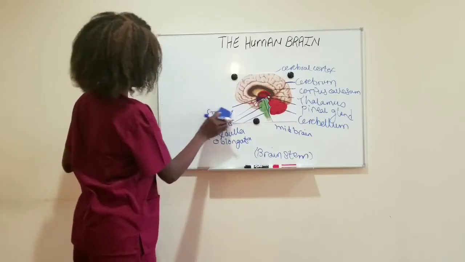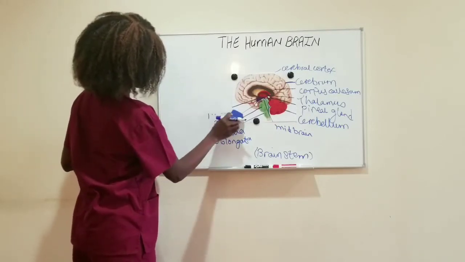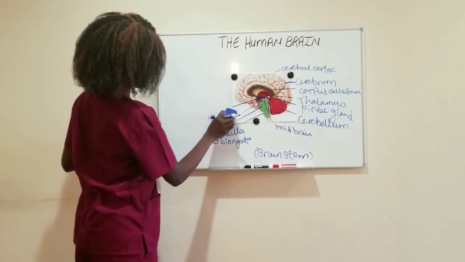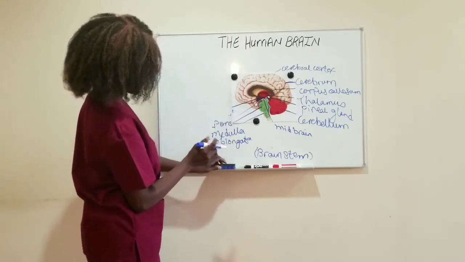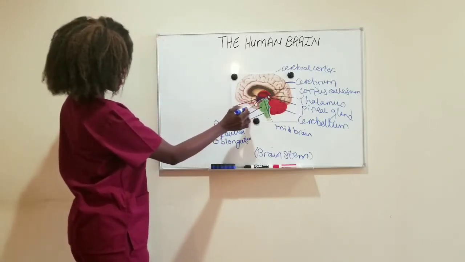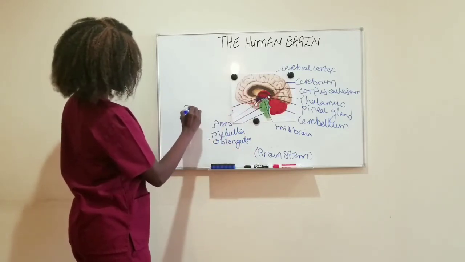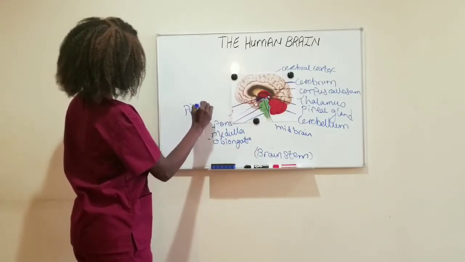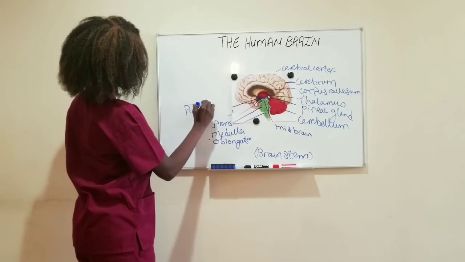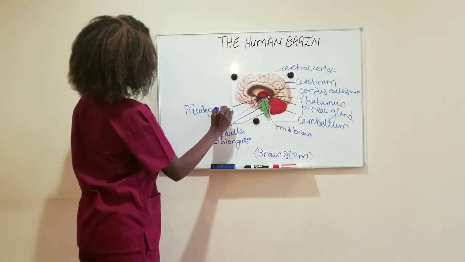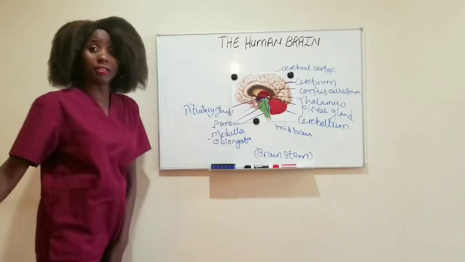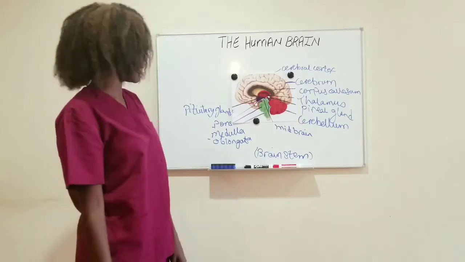All right, so we're looking at this area in white, pituitary. All right, great. That's our pituitary gland.